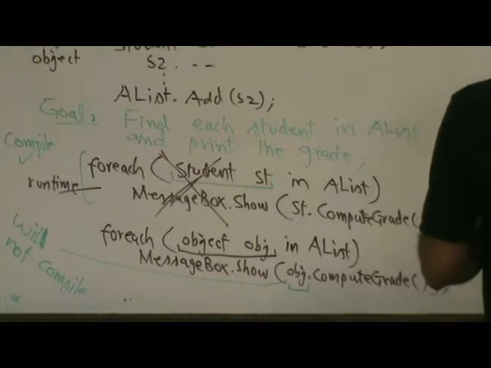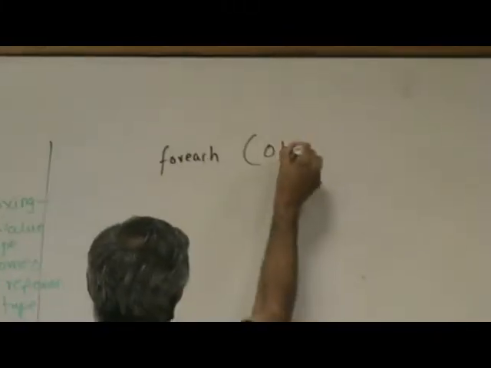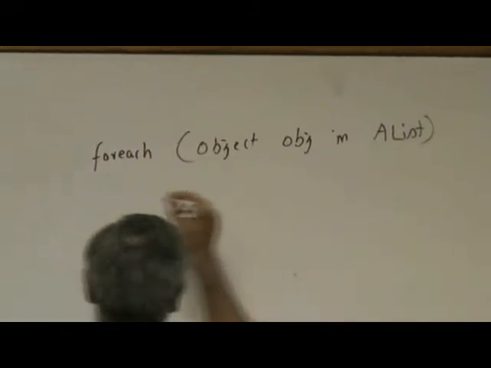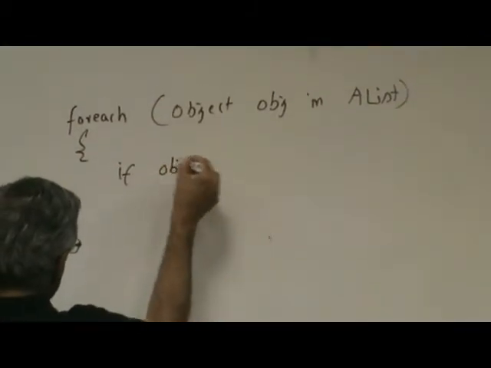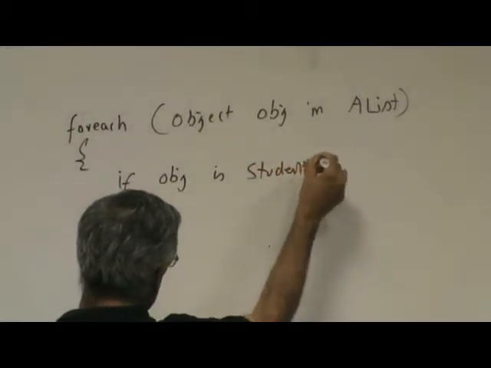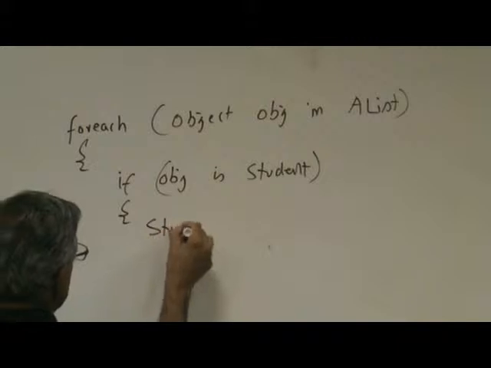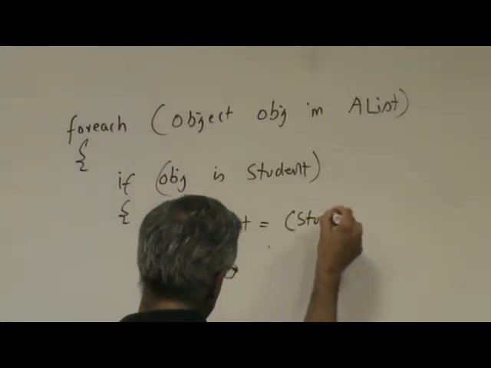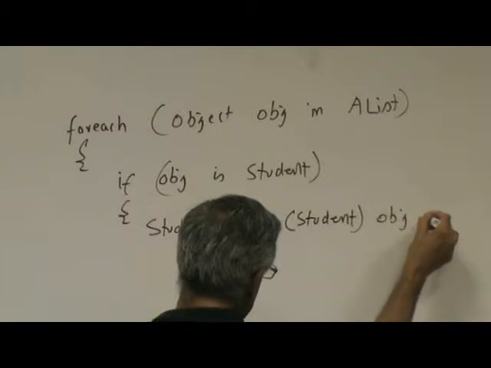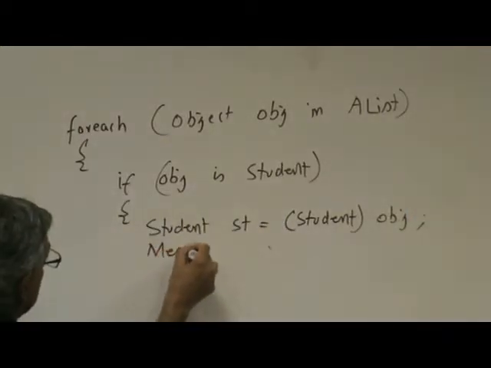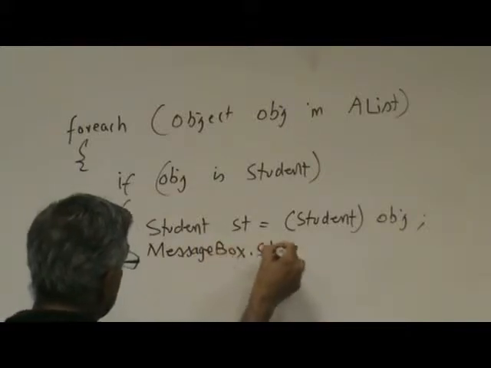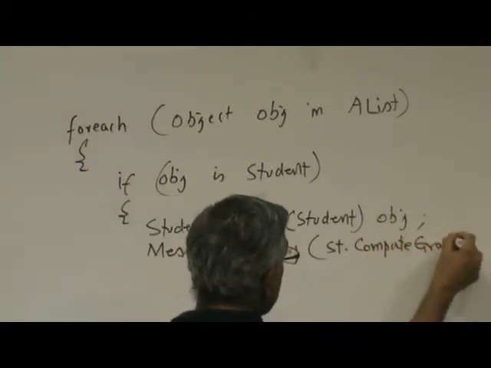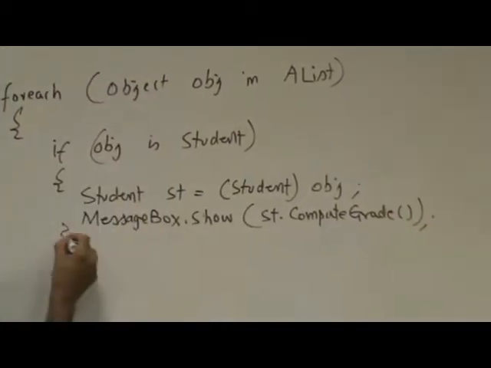Our code will look something like this: for each object obj in a list, if obj is student, then student st equal to student of obj, and MessageBox.Show st.computeGrade.